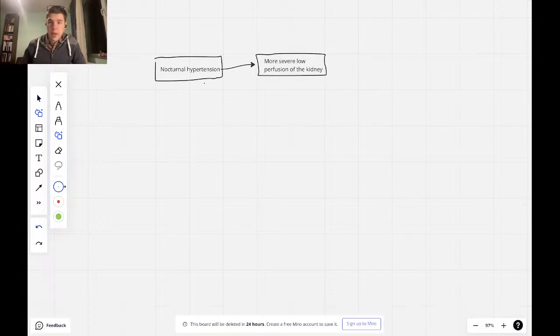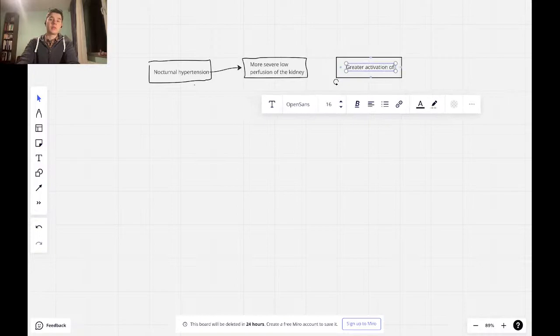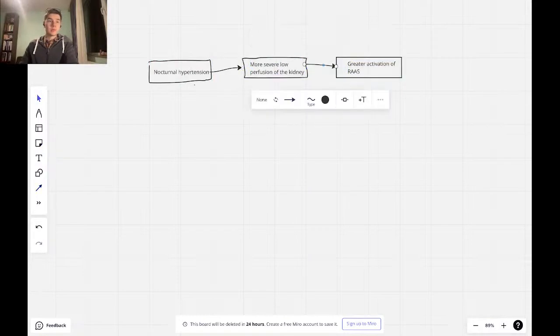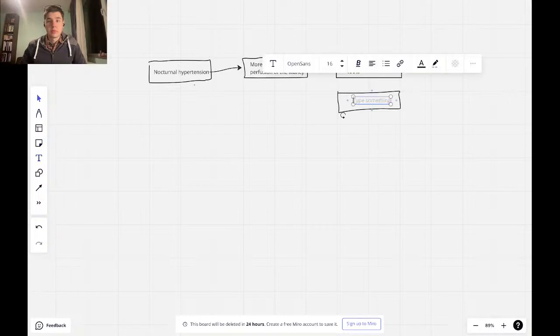Now, this aggravation will lead to a greater activation of the renin angiotensin aldosterone system, and in turn, due to water retention through aldosterone, we will get volume overload.